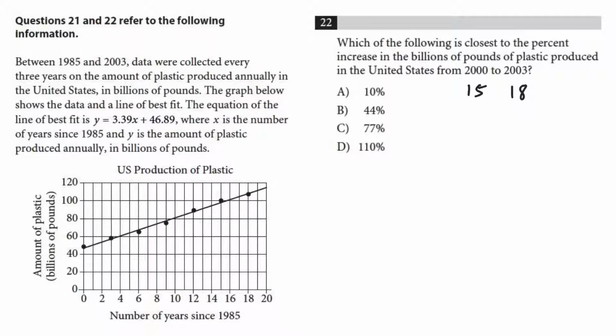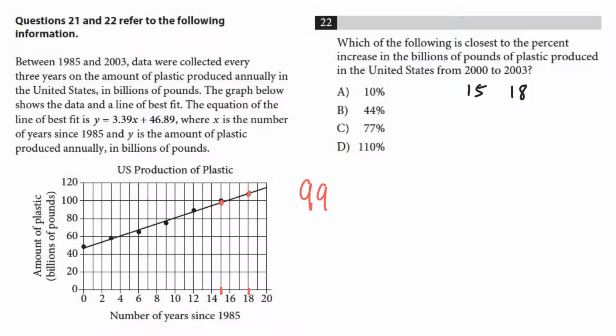So let's look at the graph. Let's just get an idea of what we're dealing with here. 15 would be right here, so that would be right there. 18 right there. All right, straight up from the 18. Okay, so this looks like maybe it's just slightly under.